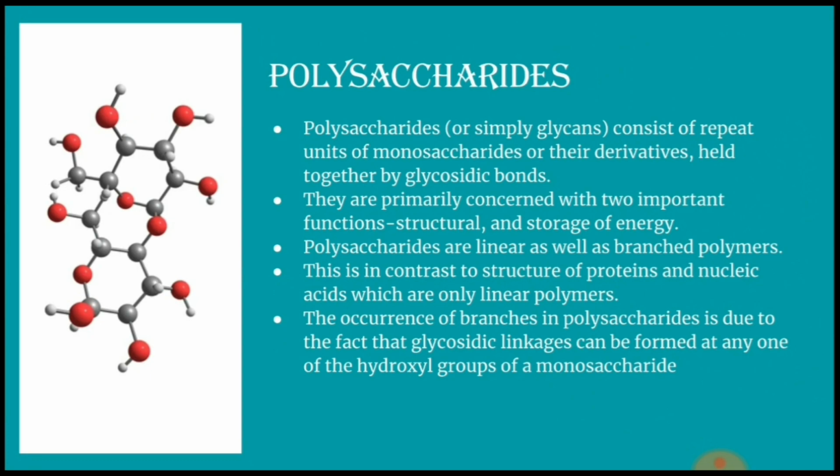It is because of the glycosidic linkage that is formed by the hydroxyl group of a monosaccharide. There is an OH group in a monosaccharide which goes and binds with another chain of monosaccharide, in turn forming a glycosidic linkage. When this glycosidic linkage forms, there is a formation of a branched polysaccharide.